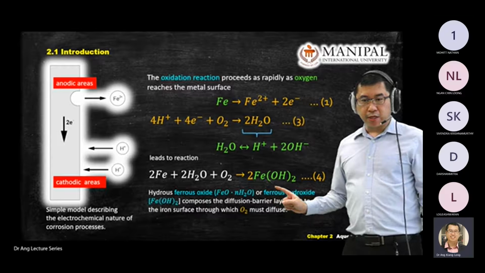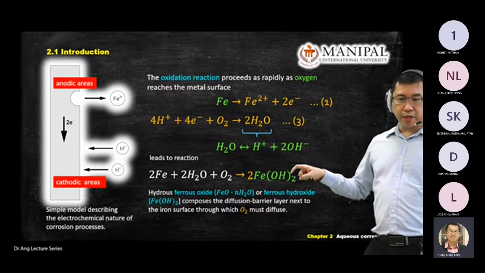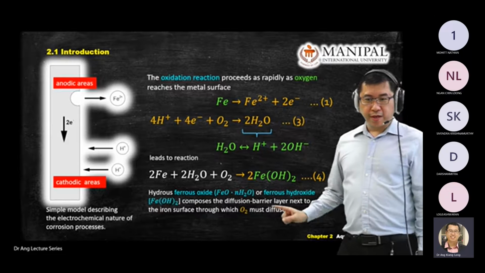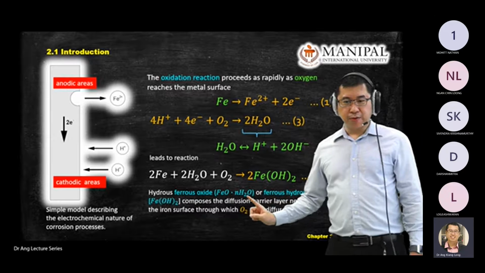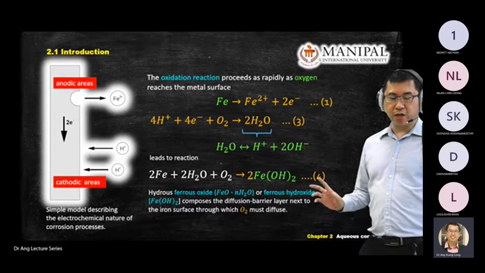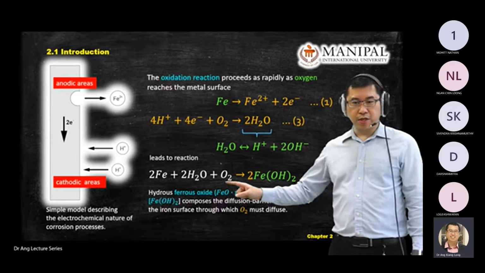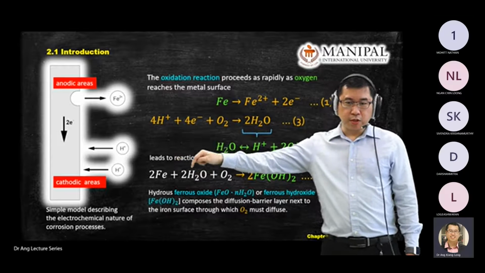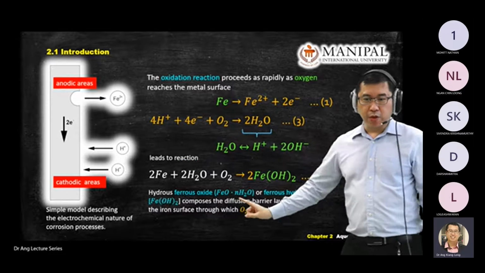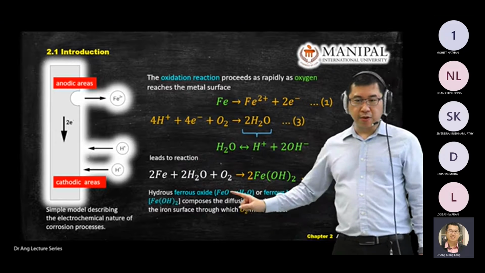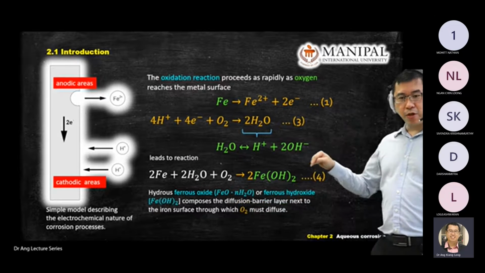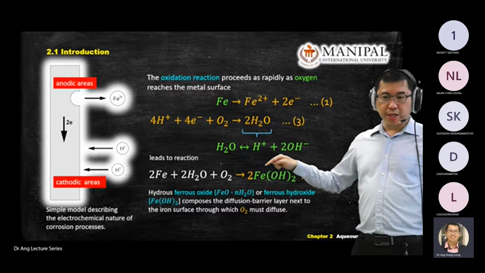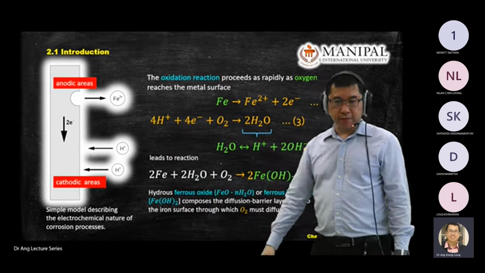So this one is quite a naughty molecule. It can change form, either this one or this one, in a corrosion situation. So in corrosion situation, when you combine ferrous or metal, so metal times water times oxygen, then you either get this one or you get this one. But normally we will just give it this term because you will see this one on the surface of the metal.